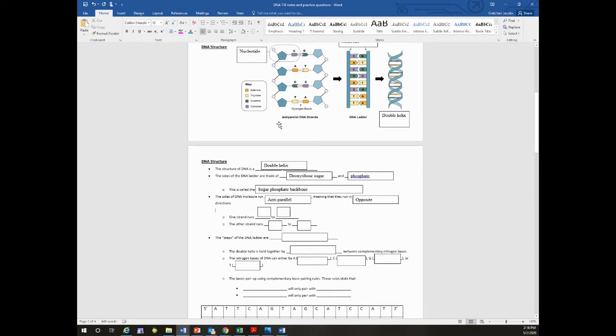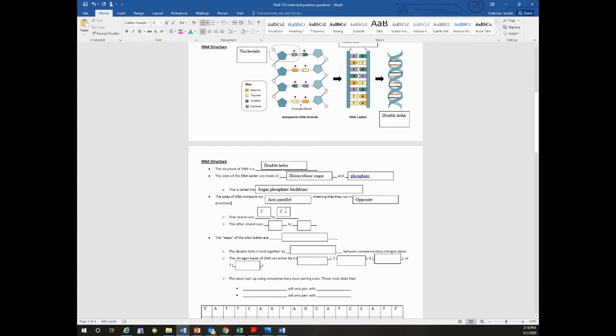Now these directions have names. It has to do with the number of the carbon that they're on. It has a lot to do with organic chemistry and how we number carbons. I wouldn't concern yourself too much with this, but it is important to know this terminology, so we're going to make sure we cover it. We say one strand runs 5' to 3'. The little apostrophe is called prime.